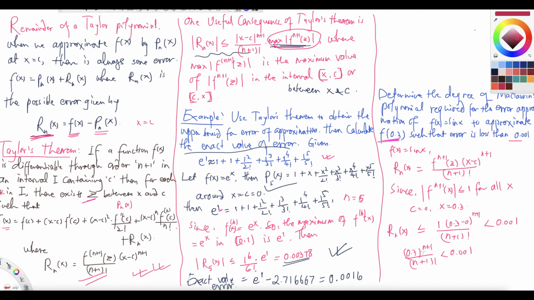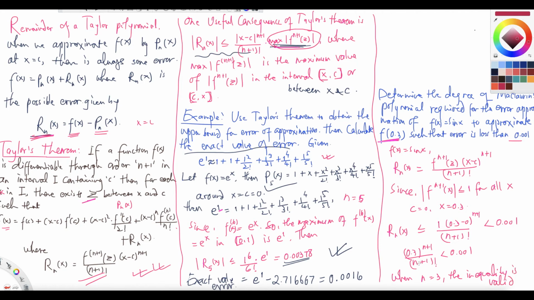What we do here is take n equals 1 and try if this is right or wrong. Try n equals 2, try n equals 3, and so on. When n equals 3, what do you get? On the left side you get 0.3 to the 4 divided by 4 factorial, and the inequality is valid.